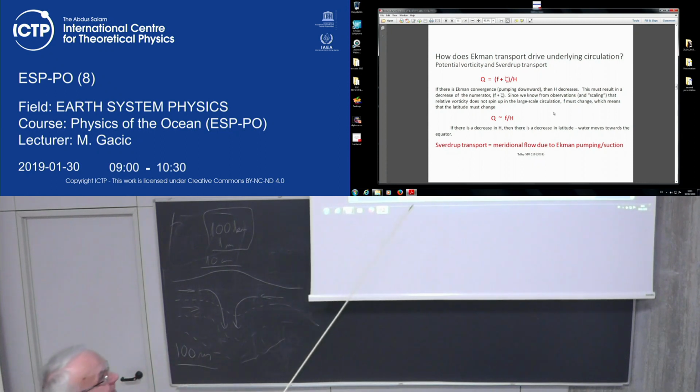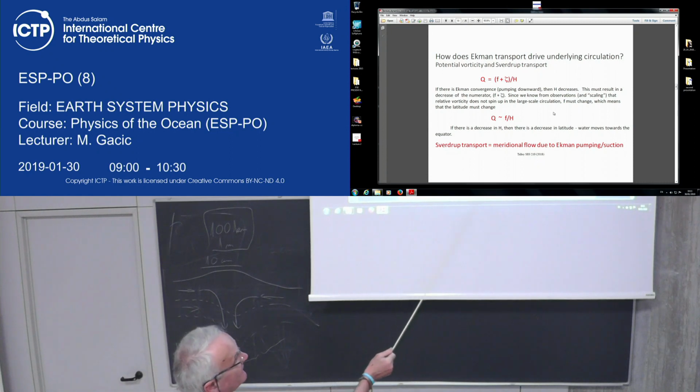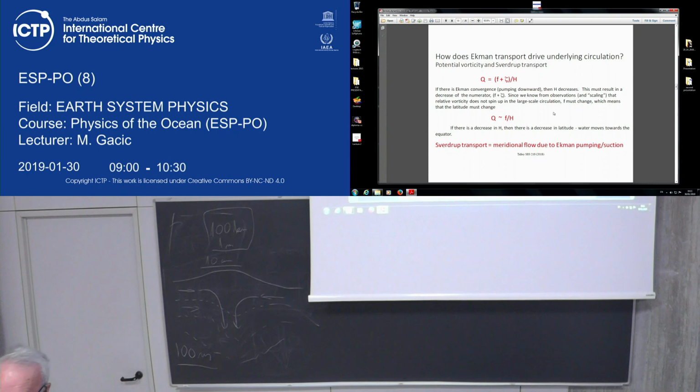So if there is a decrease in h, there should be a decrease in latitude as well. So this is how the particles are moving, always keeping this term constant, and so the Sverdrup transport is the meridional flow due to the Ekman pumping and Ekman suction.